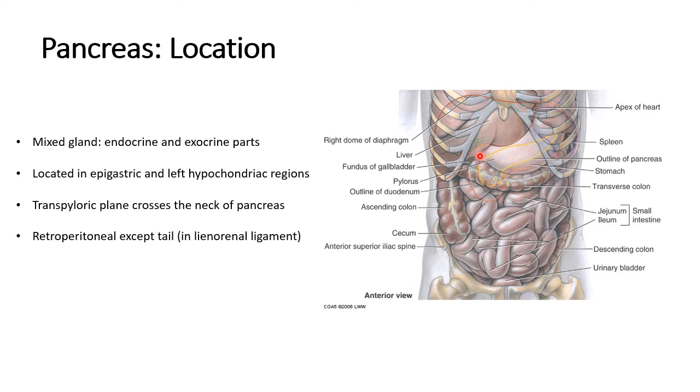The pancreas is retroperitoneal except the tail or part of the tail, which is found within the two layers of the splenorenal or lienorenal ligament. So only this part is intraperitoneal, the rest is retroperitoneal.